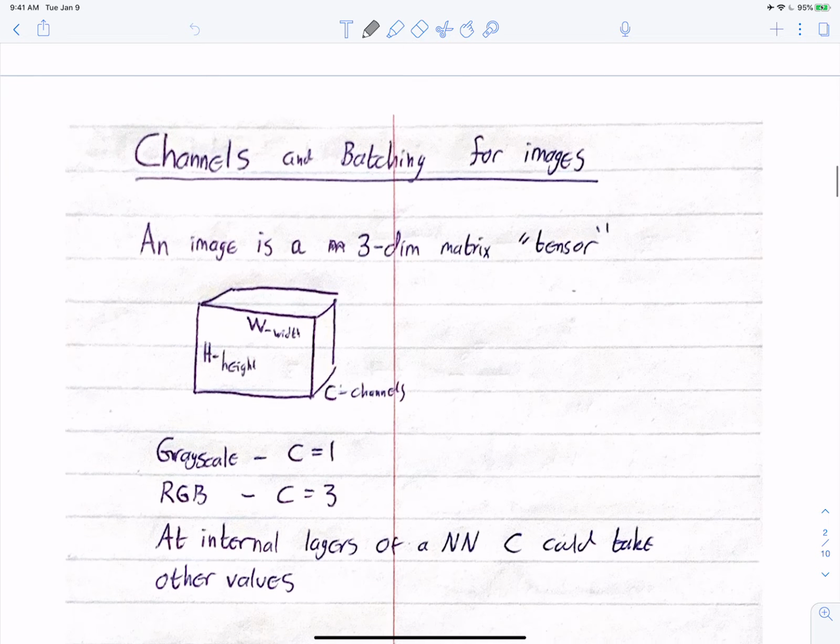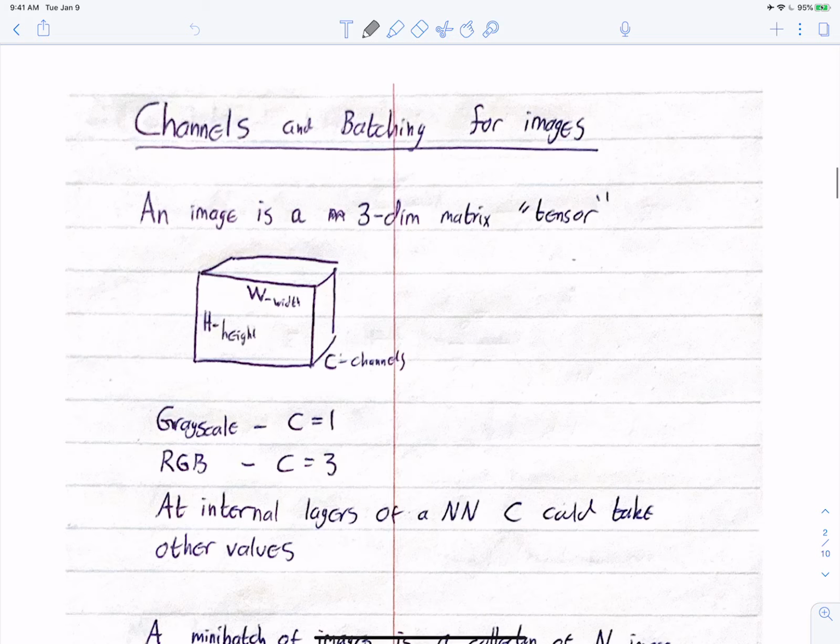All right, so now let's talk about how neural networks think about images. We can think of an image as really a three-dimensional matrix, or something which we'll call a tensor. And so this has height, H maybe, and width, W, and C channels. And here, if we had a grayscale image, then C would be 1.